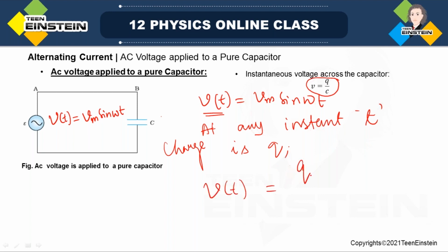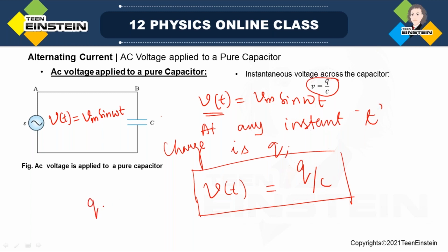That voltage is V at any instant: Vt is equal to Q by C. This is what we know from our second chapter, because capacitance, voltage and charge are interrelated. We know Q is equal to C into V.